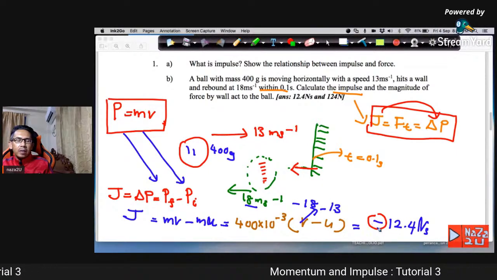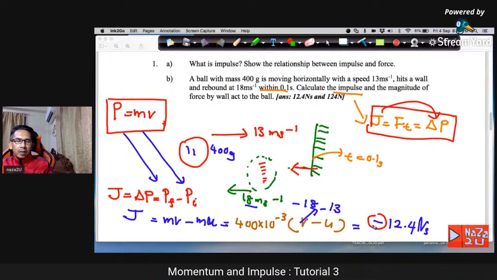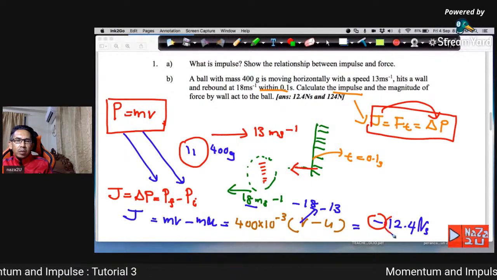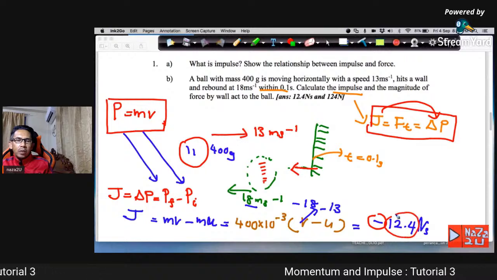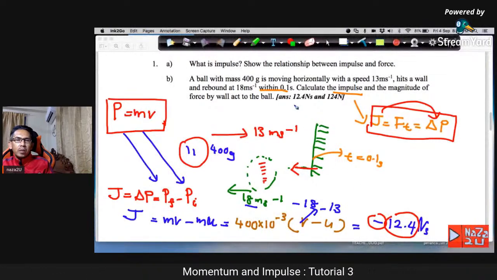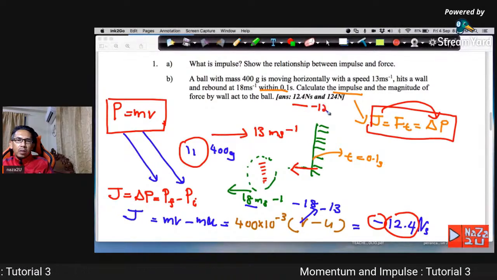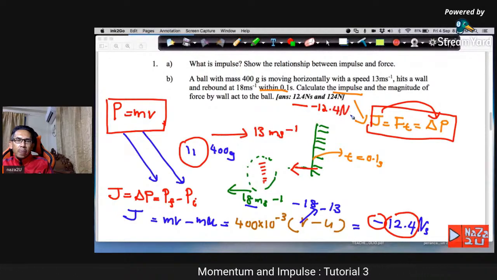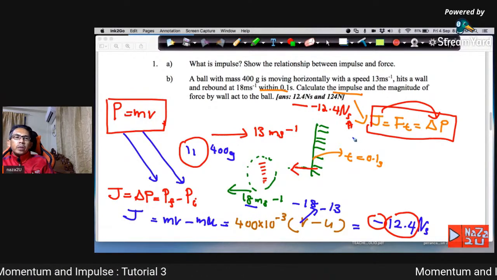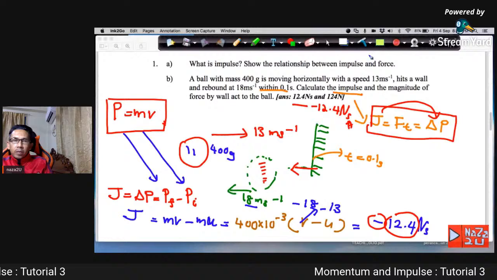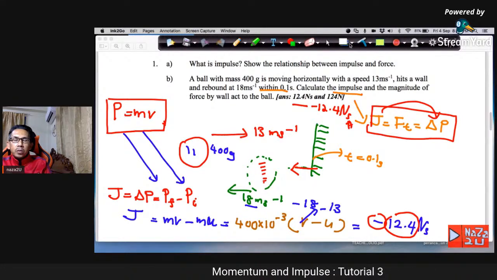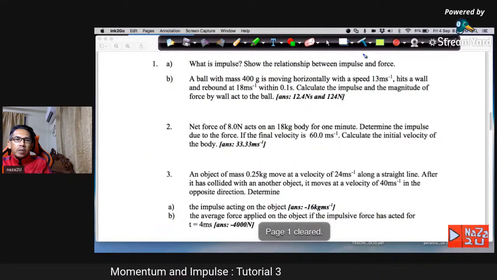That's why you have a negative sign here, but the magnitude of the impulse is 12.4. So if you give the answer as 12.4, this refers to the magnitude, or you can use negative 12.4. Okay, so this is number 1B. We continue to the next question.